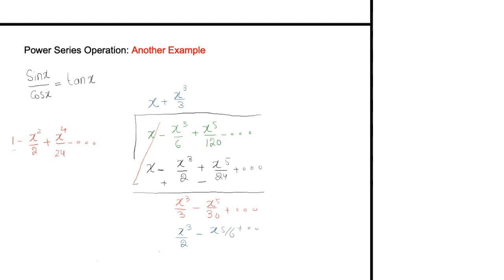So now we will add it after changing the signs, and again this first term will be cancelled out, and we will be left with 2x5 divided by 15 and so on. So the next term in the series will be 2x5 by 15 and so on. We can continue.